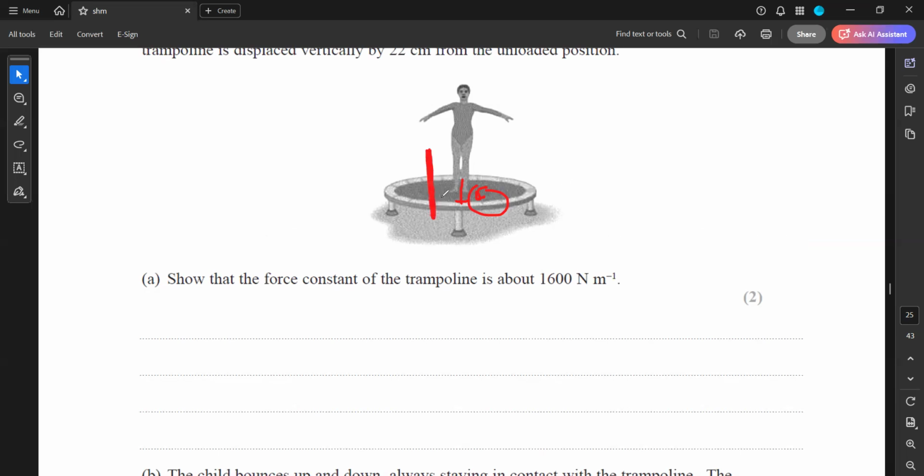In simple harmonic motion, we have the formula F equals ma, where a is the amplitude times omega square. We did this formula in the last question. So the force applied is equal to m A omega square.